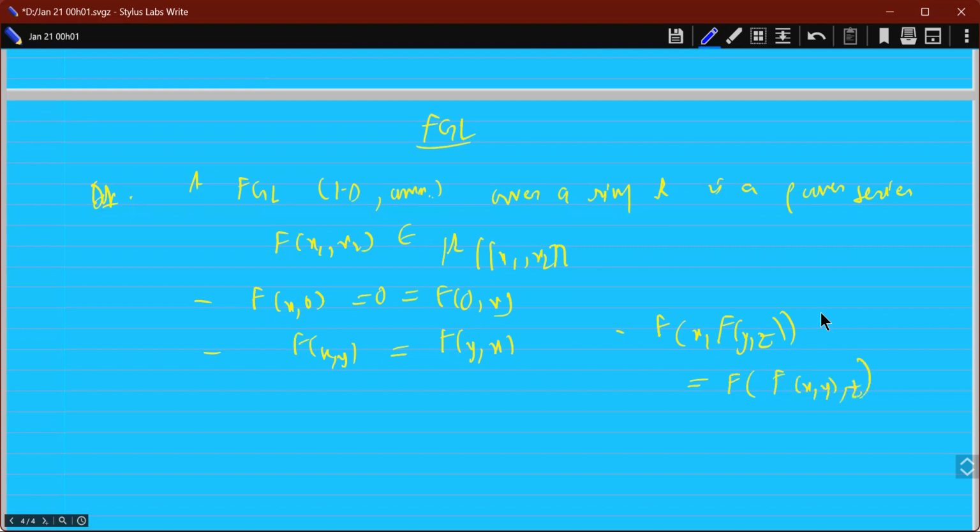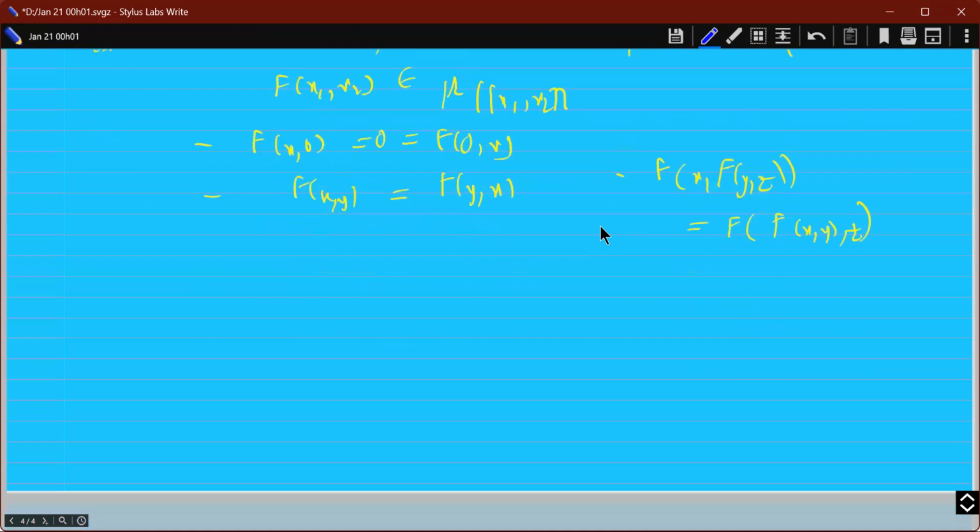Starting off, maybe a couple of examples actually: the additive and multiplicative formal group laws, the basic examples. This is the additive form of group law, and this is the multiplicative form of group law.